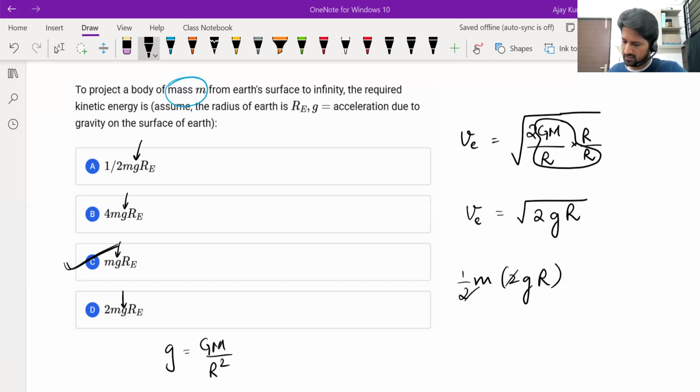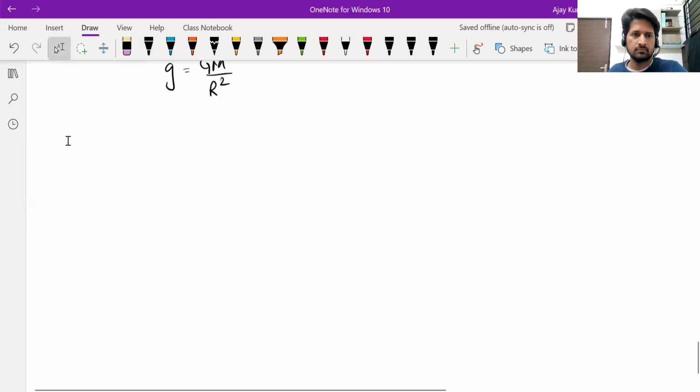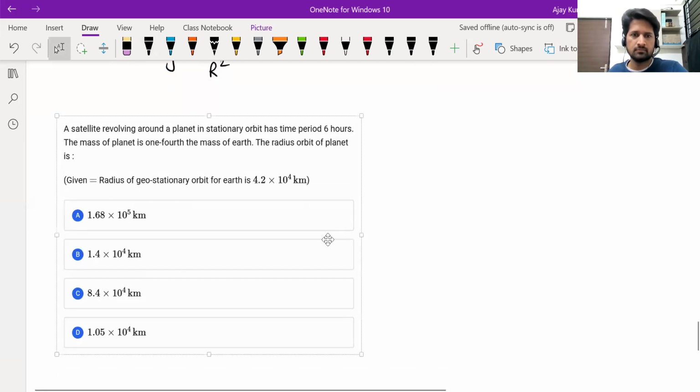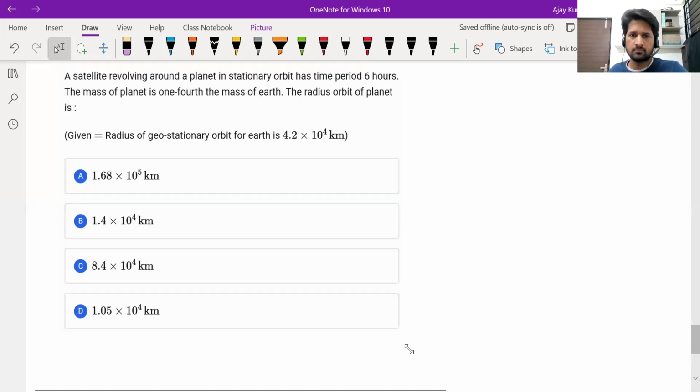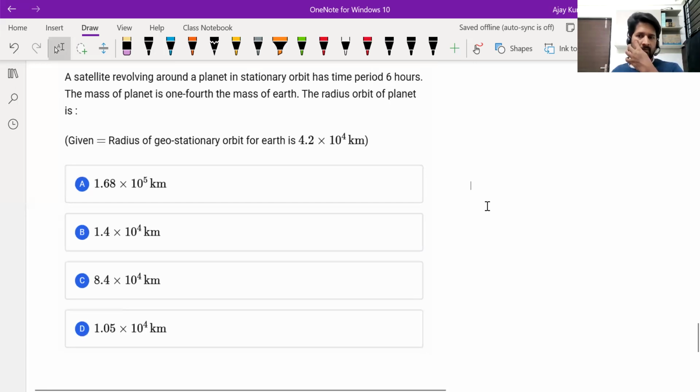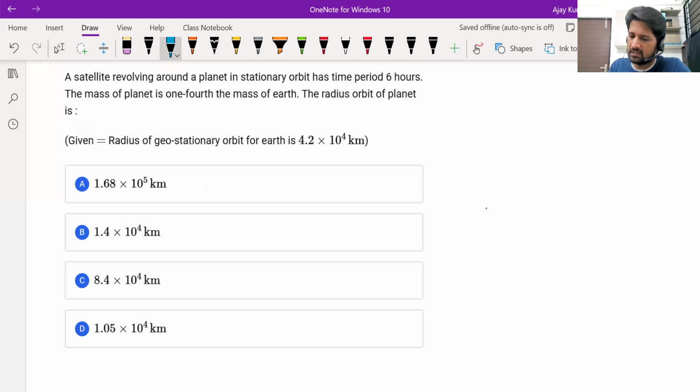Okay, next is related to satellite and geostationary satellite. Try this. Okay, they have used some term here. A satellite revolving around a planet in stationary orbit has time period 6 hours. Mass of the planet is 1/4 the mass of Earth. What is the radius of planet?